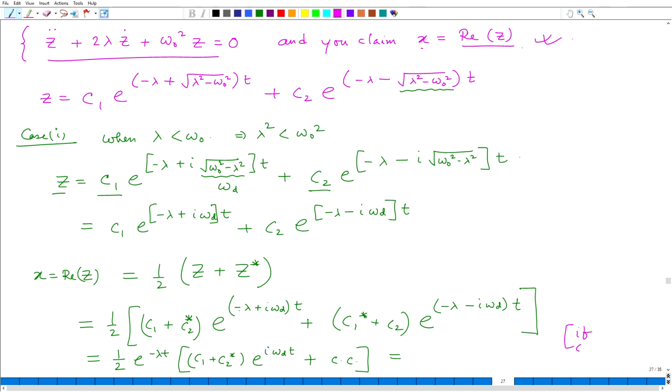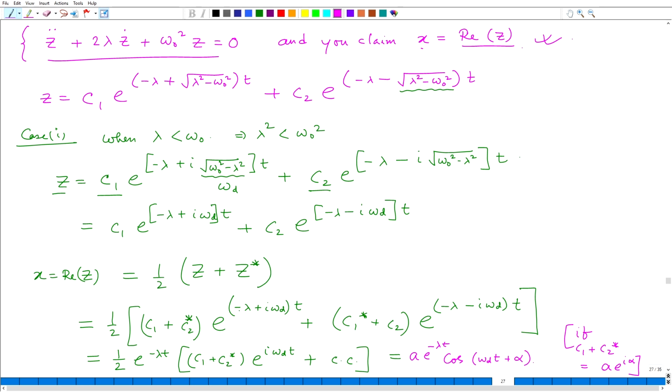If c1 plus c2 star is equal to a e to the power I alpha, where a and alpha are real quantities, then I can finally write this as some e to the minus lambda t times cos of omega d t plus alpha.